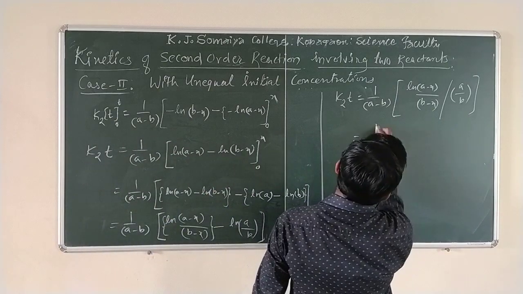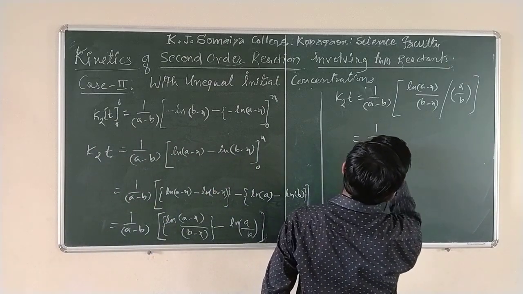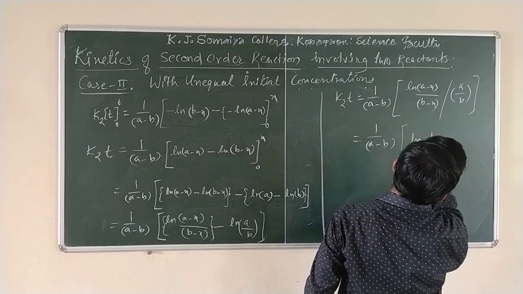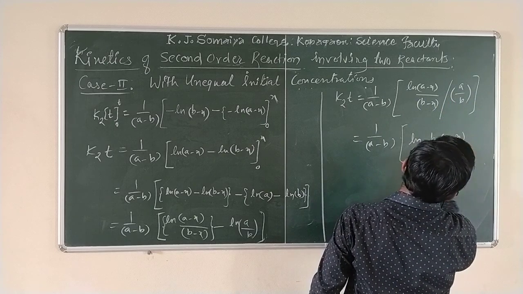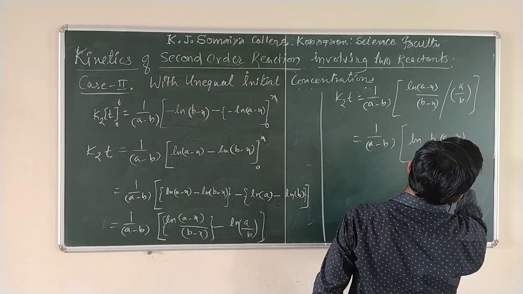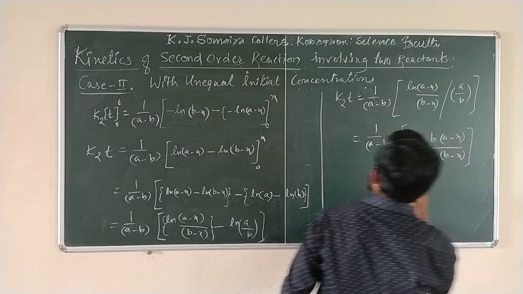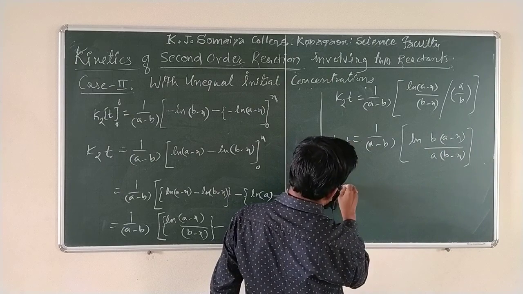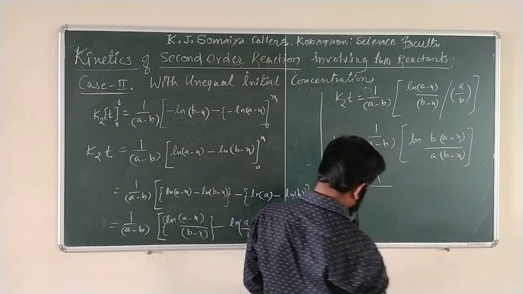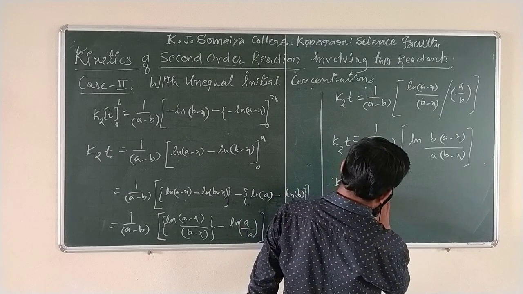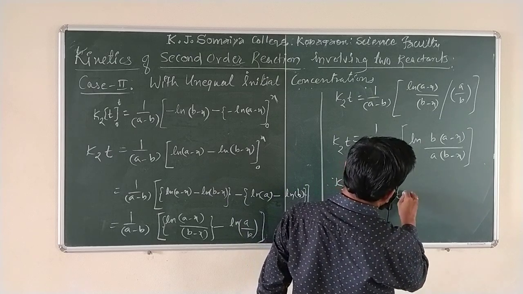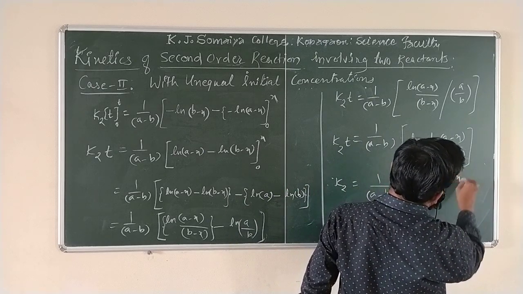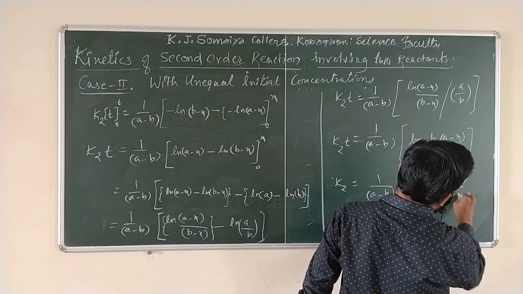So you will get 1 upon (a - b) equals ln, the denominator becomes numerator, b into (a - x) upon a into (b - x). This is k2 t. So therefore k2 equals 1 upon (a - b) into t, ln b into (a - x) upon a into (b - x).